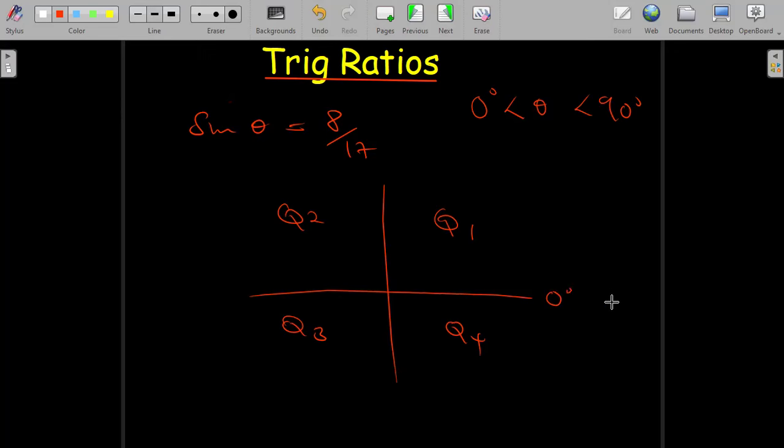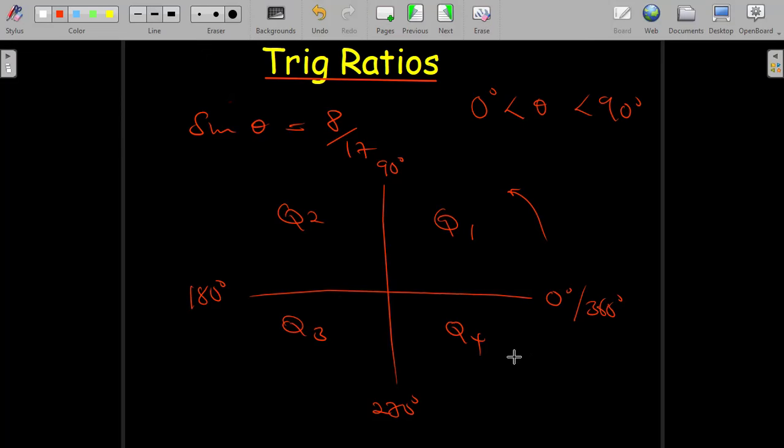If this is 0 degrees here, when I move in this direction, when it's straight up, that is 90 degrees. Here is 180 degrees. There is 270 degrees. And there again I have 360, so 0 or 360.